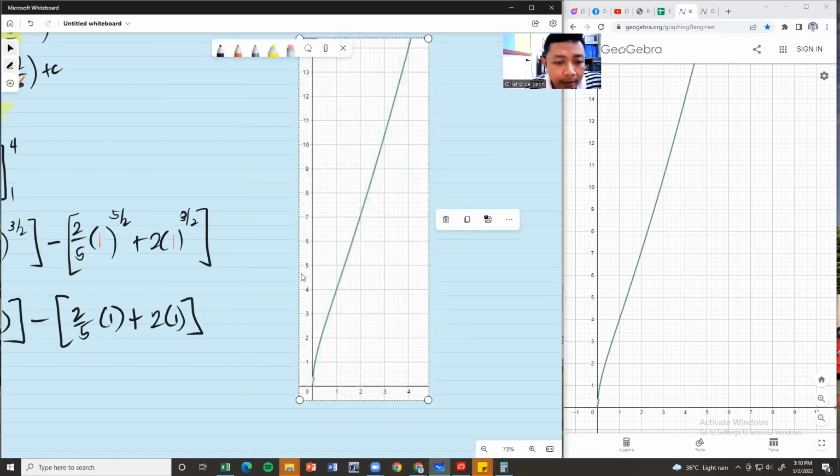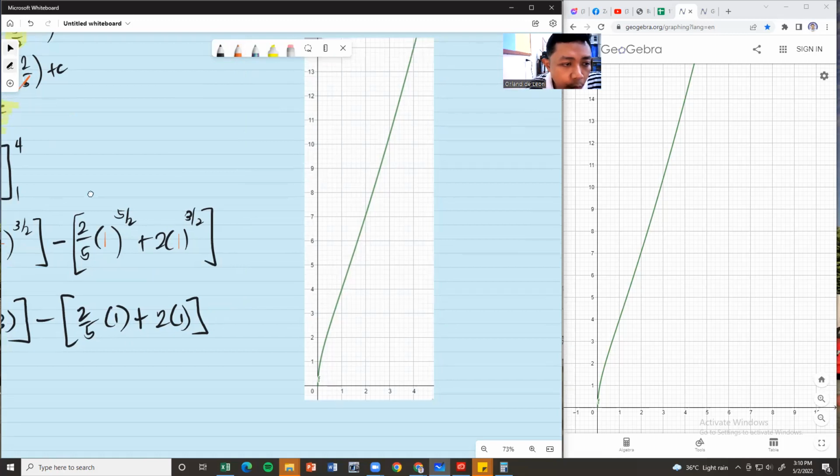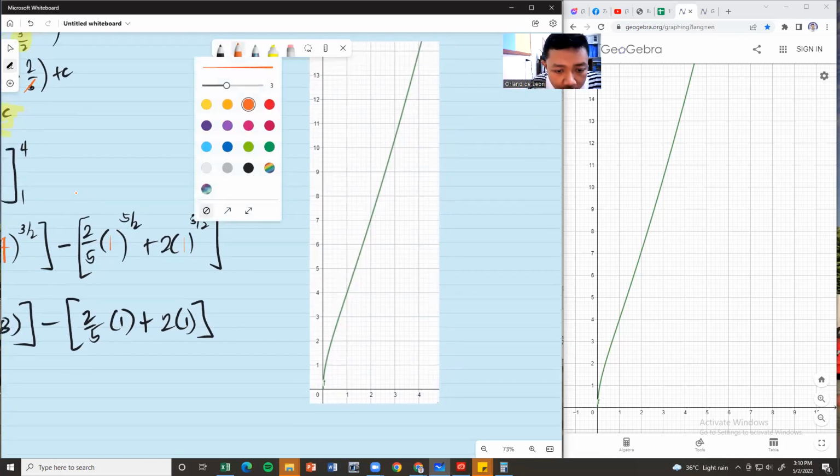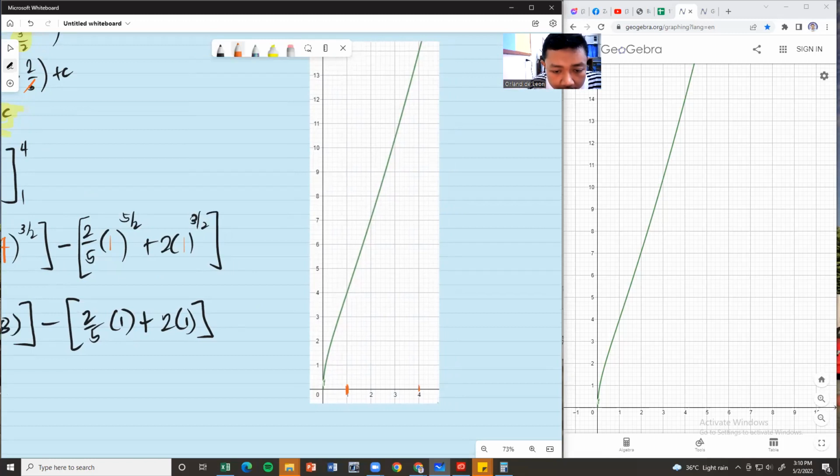Again, by understanding the graph, we will have here bounded by the curve and the x-axis. This is our x-axis, and the boundary is from 1 to 4. There you go. So therefore, this is the area that we just solved in our given. Again, only the values or only the space above the x-axis.